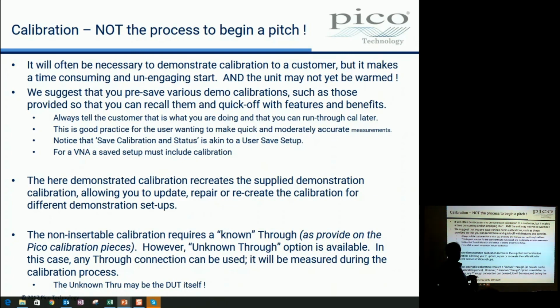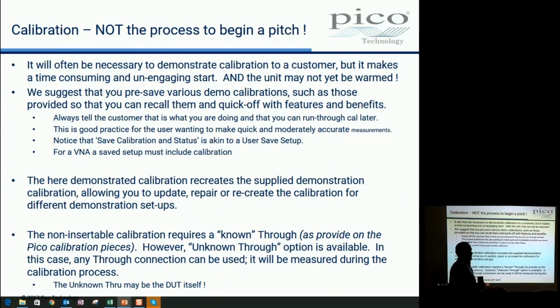The non-insertable calibration, there are two options. It requires a known through, and the known through is provided on our cal kit. So we have short, open, load and through. That's a known through. It has data associated with it in the calibration file.